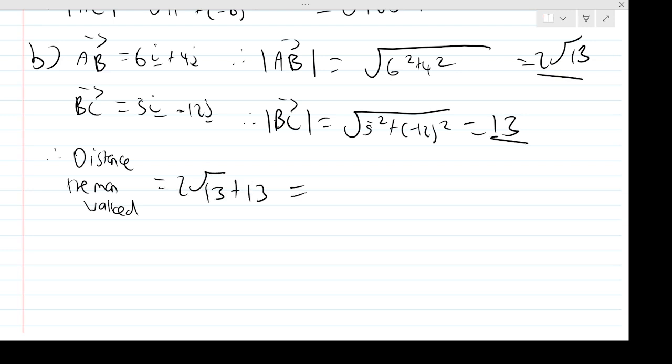Well, it doesn't simplify, but as a decimal, that's 20.2 meters to 1 decimal place. Okay, and so there we are.